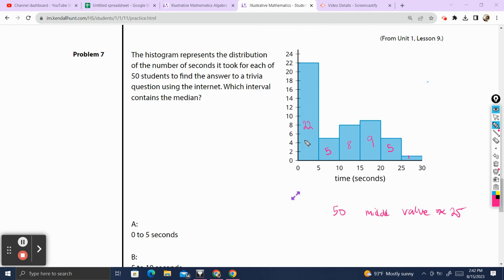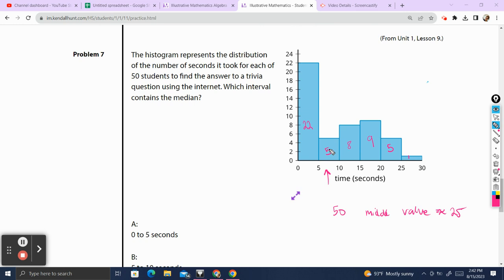So we have 22 students over here, and we have 27 that includes over here, which means the 25th student, and I said about the 25th student because it's going to be somewhere in between the 24th and the 26th student because we have an even number of values. So you're going to take the 24th, the 25th, and the 26th student, add them up and divide by 2.